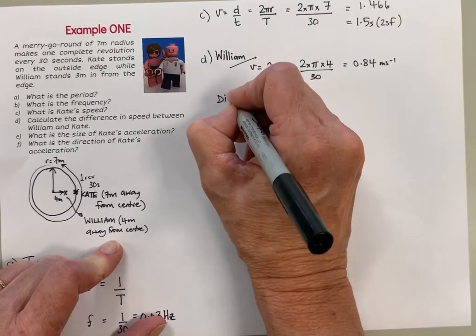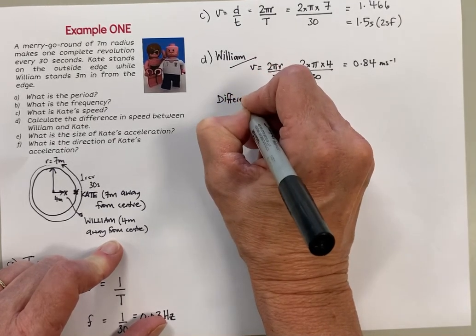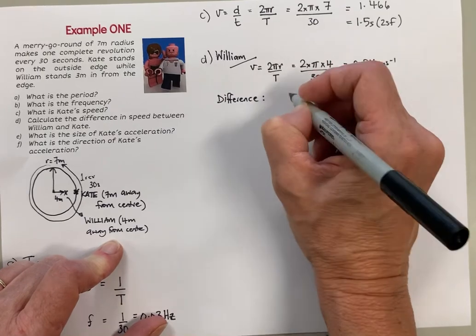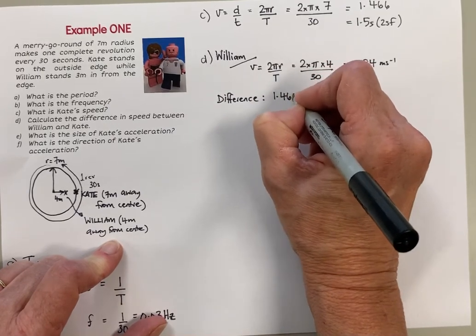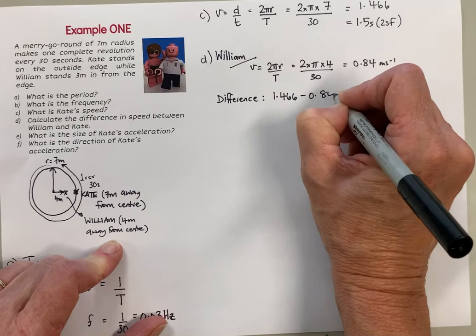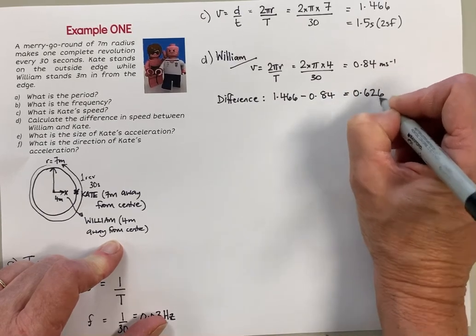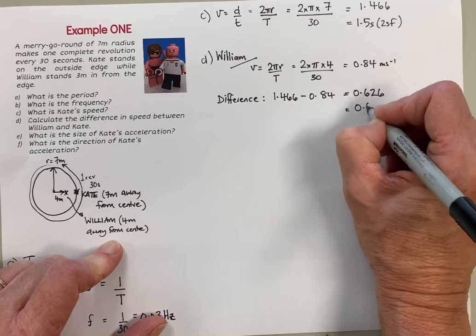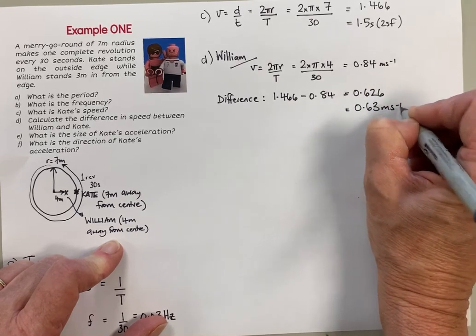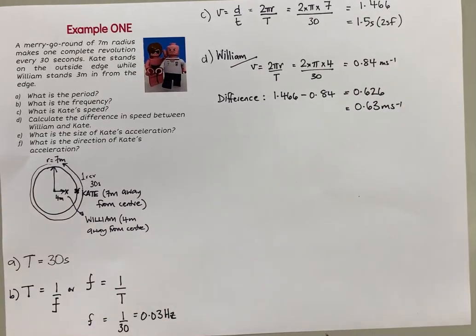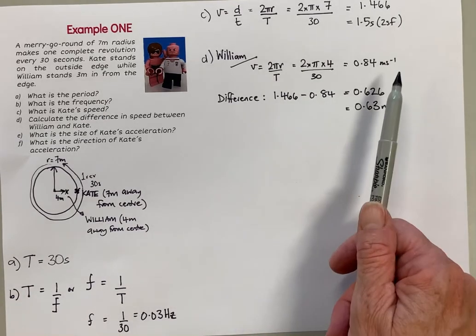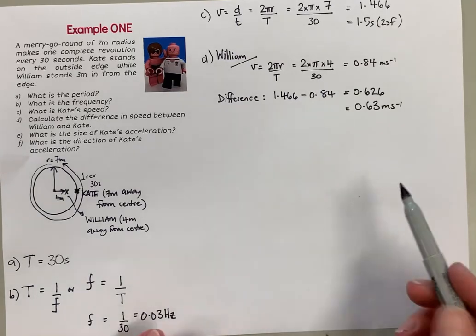So the difference is 1.466 minus 0.84, which is 0.626, or 0.63 meters per second. So while it takes exactly the same amount of time for them to move through 1 revolution, William is going slower than Kate.